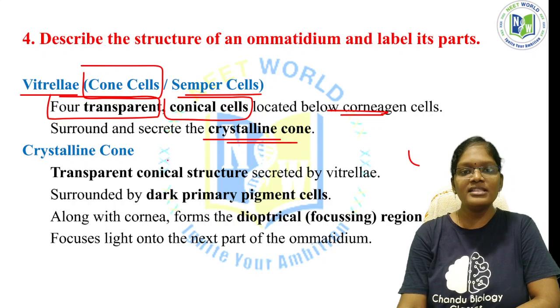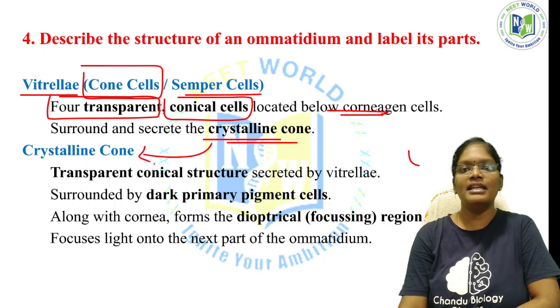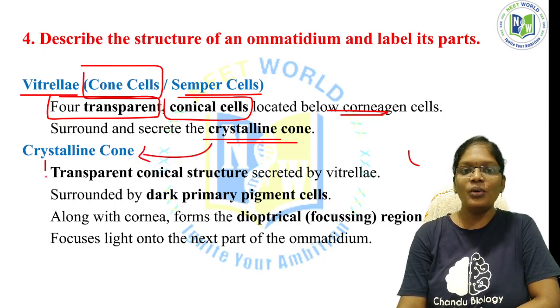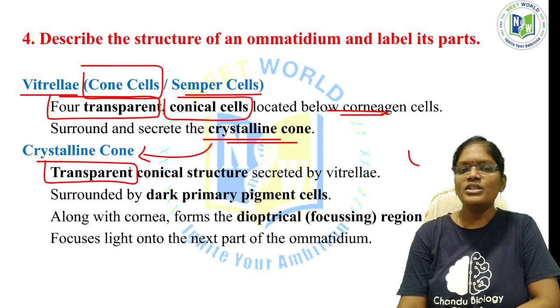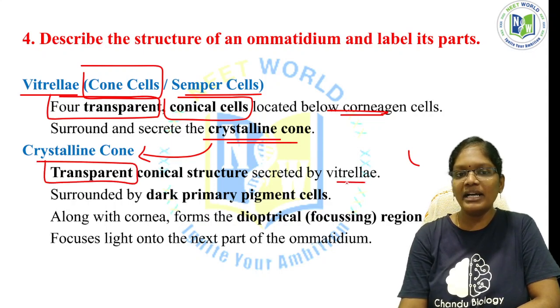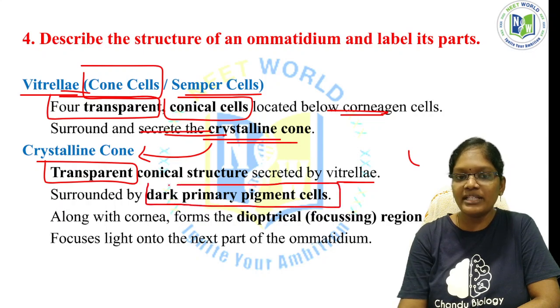Next, what is meant by the crystalline cone? The crystalline cone is also transparent, and it is secreted by the vitreae. It is surrounded by the dark primary pigment cells.